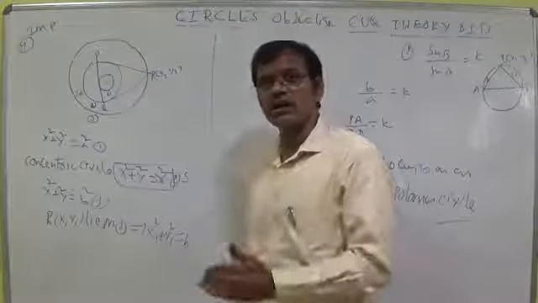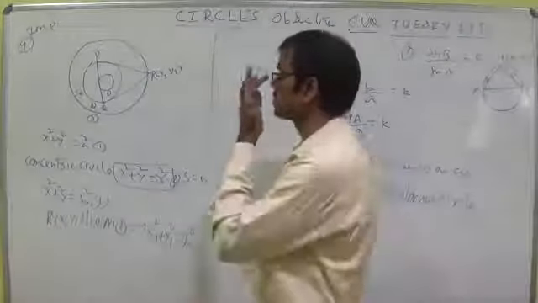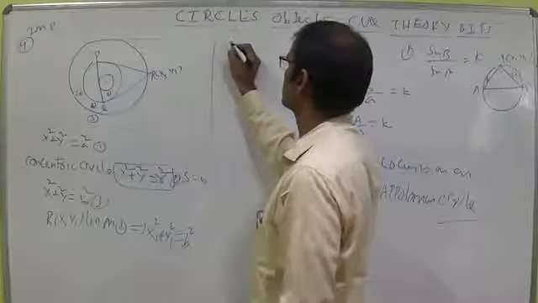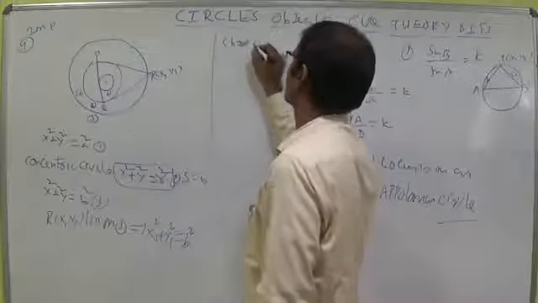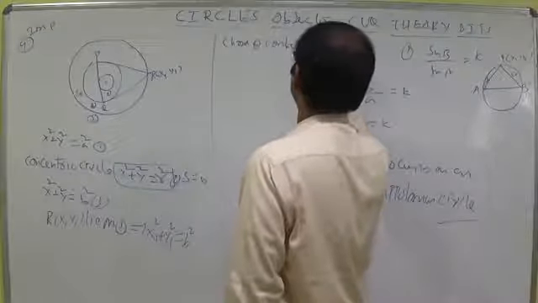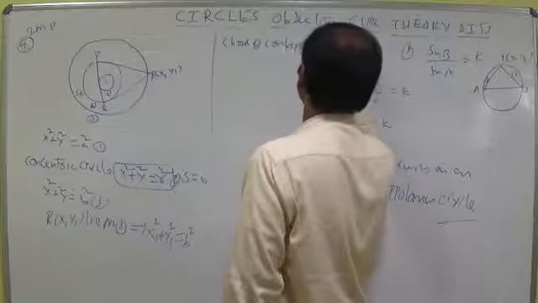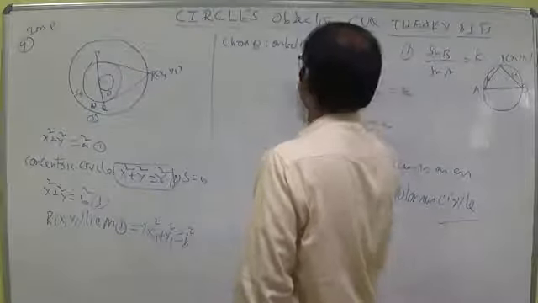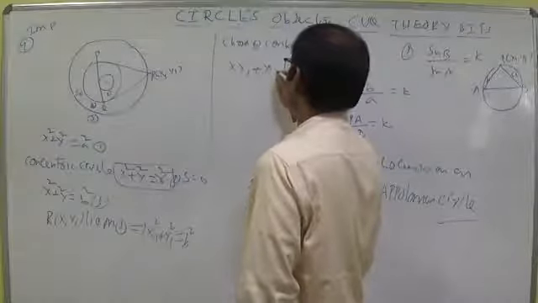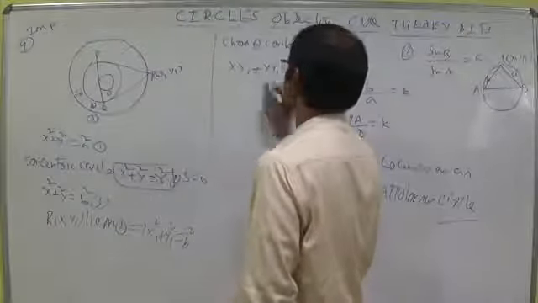If we draw the chord of contact to the circle x square plus y square equal to r square, PQ is nothing but the chord of contact. The chord of contact of the concentric circle x square plus y square equal to r square is, by formula, x x1 plus y y1 minus r square equal to 0.